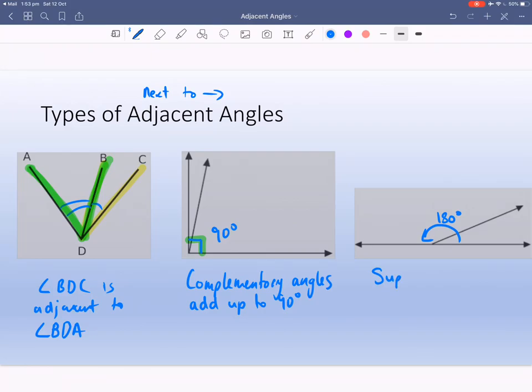So supplementary angles add up to 180 degrees. Really important, write these in your notes. Make sure that they're clear. If you're finished doing that, if not, pause it. Make sure the notes are very clear.